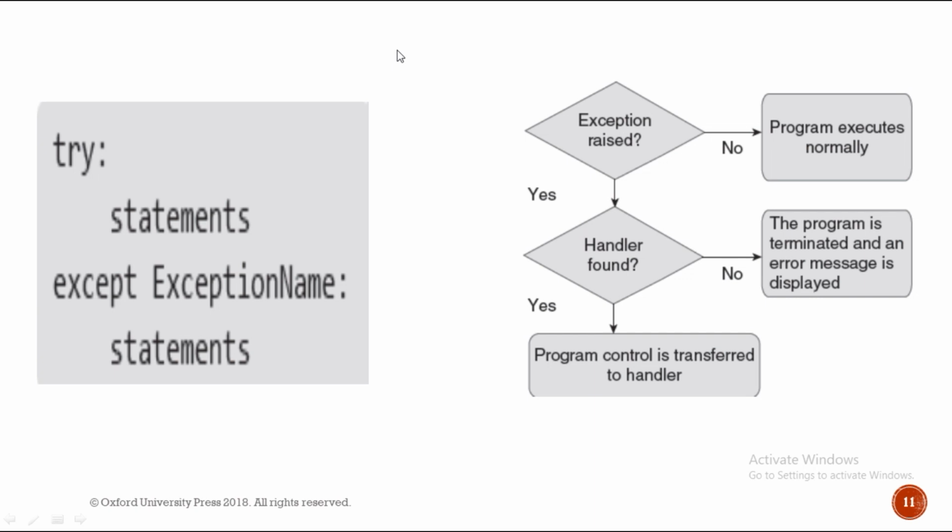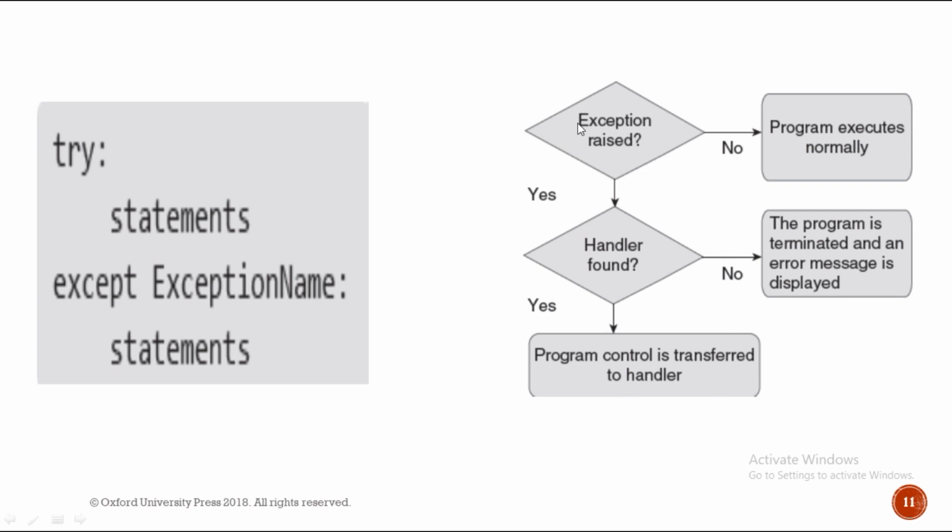So this is the flow chart of handling the exception. The first one, suppose the program may raise the exception or may not raise the exception. Suppose the program raises an exception and the handler is found, then the program control is transferred to the handler.